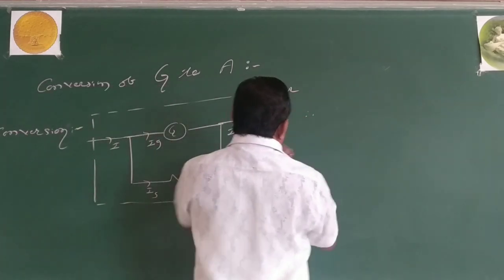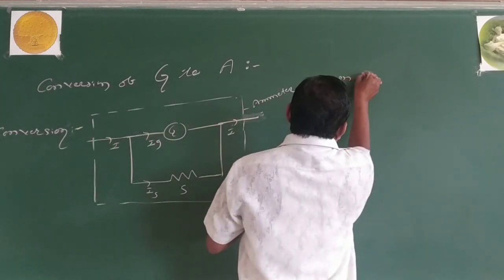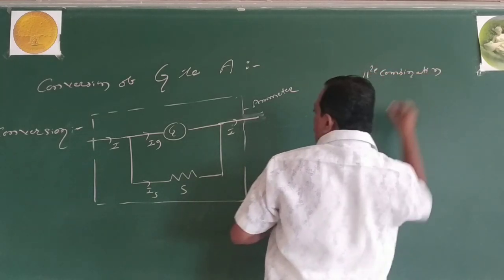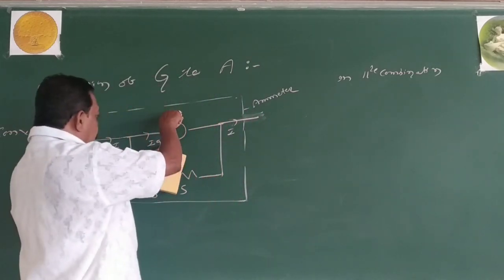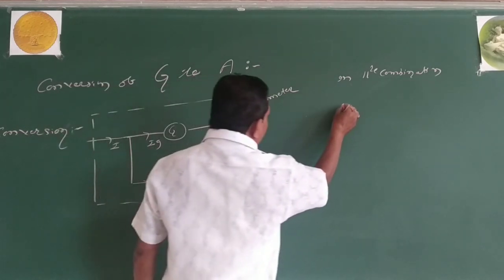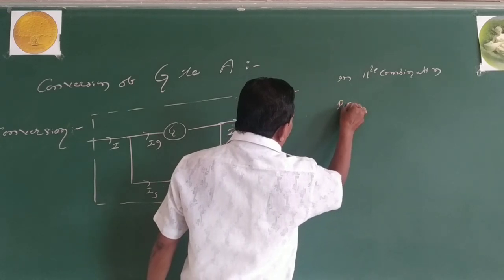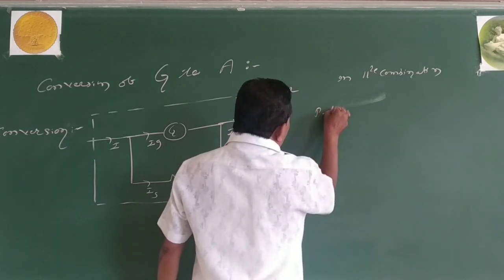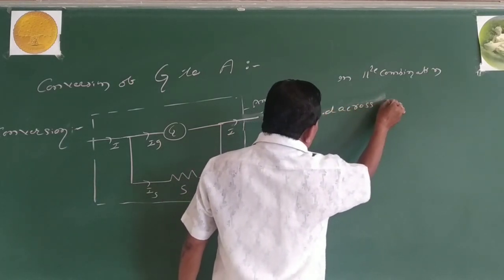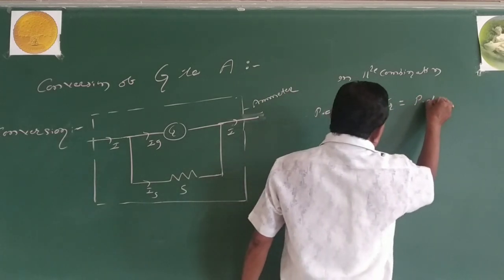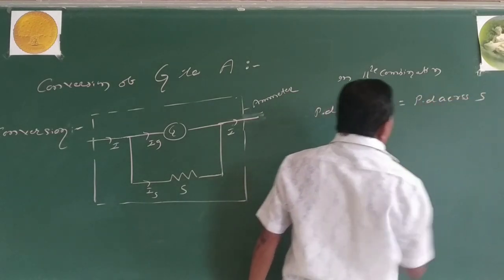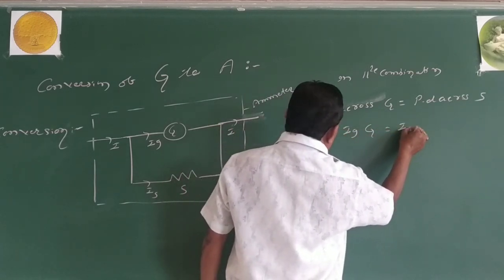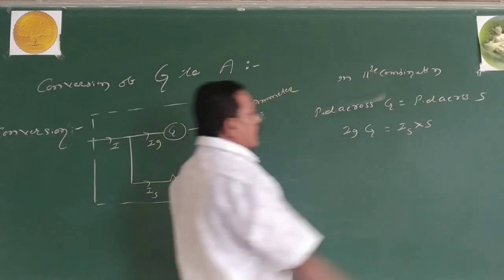Therefore, the potential difference across G equals the potential difference across S. So Ig into G is equal to Is into S.